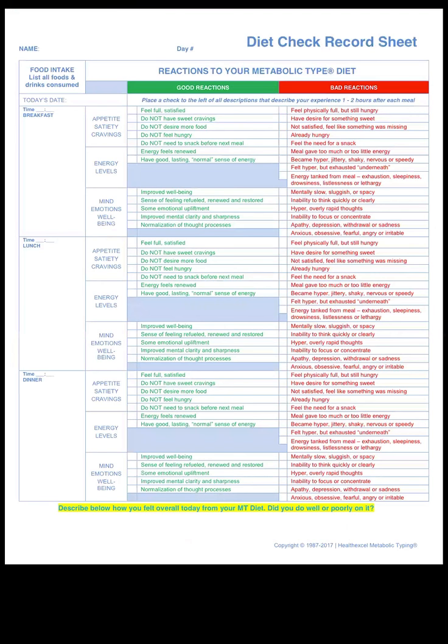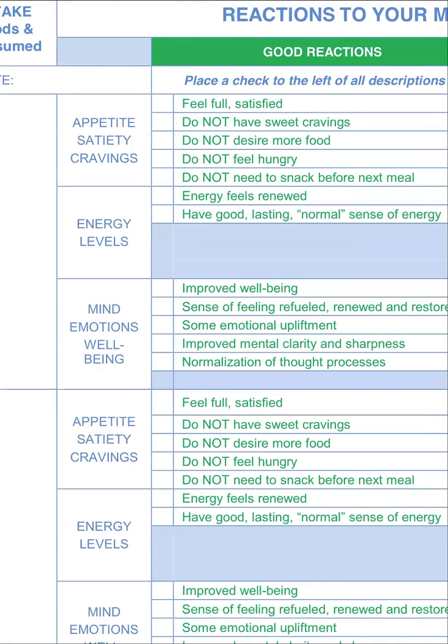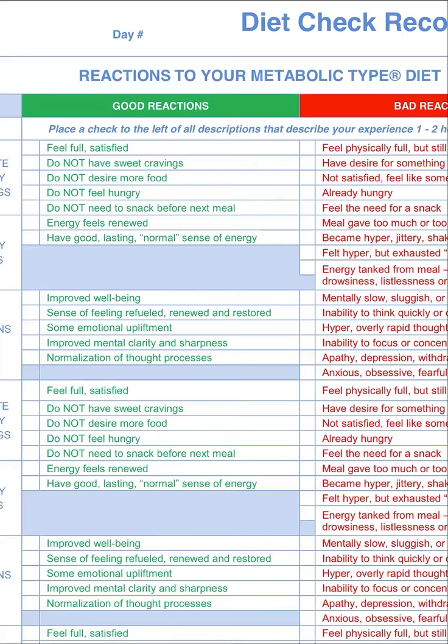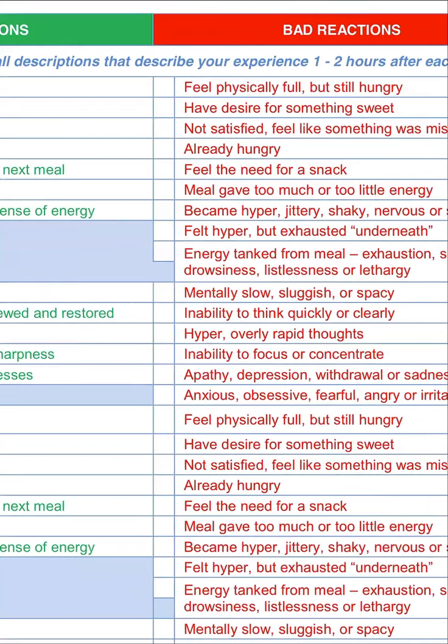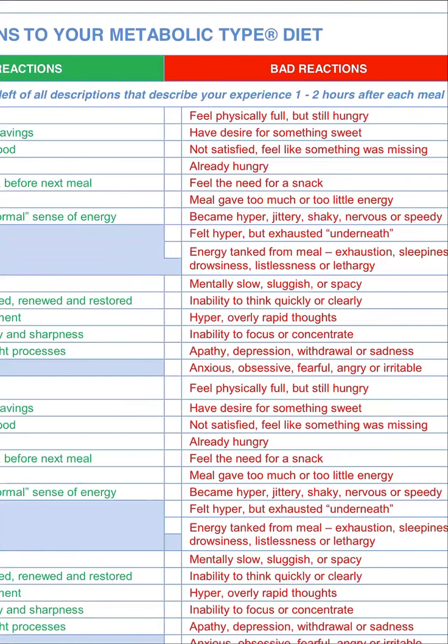So after every meal, about an hour later, you want to check in with yourself and see how you're doing, how your appetite levels are, how your energy levels are, how your mind and emotional well-being are, okay? So you have good reactions, and then you can have bad reactions, okay? You should be feeling good after you eat, but you should do this after every meal, okay?